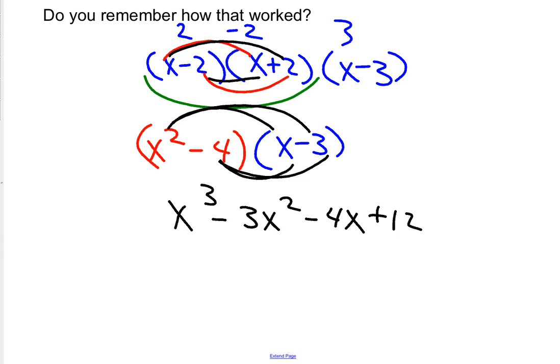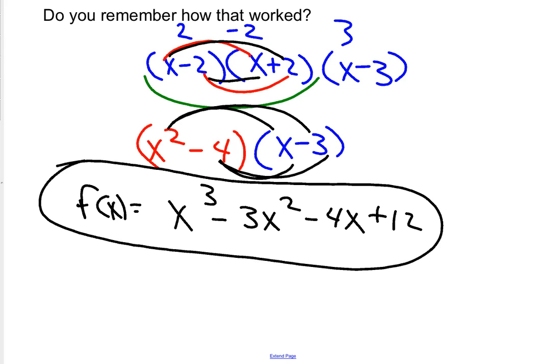That was the answer, except I would like you to put f of x in here so it truly is a function. Put f of x equals. That's where we've been. We've already done this type of problem. Hopefully this was a good reminder for you. You're going, okay, got it, let's move on.